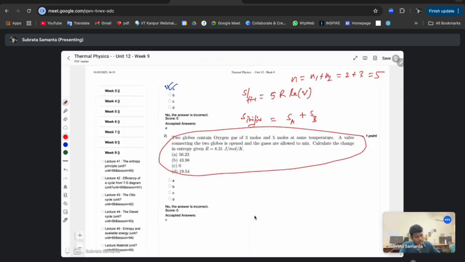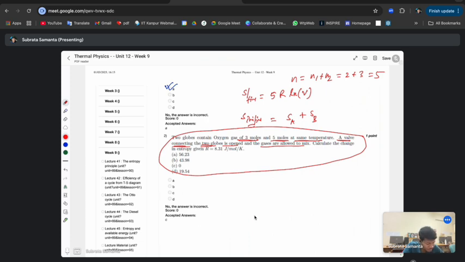So in problem 2, this is again a similar type of problem. Two globes contain oxygen gas of 3 moles and 5 moles at the same temperature. A valve connecting the two globes is opened and the gas is allowed to mix. So here both are oxygen gas.